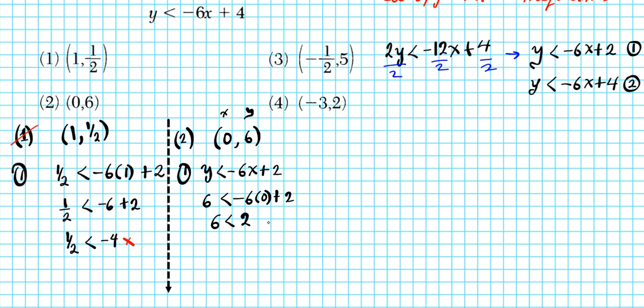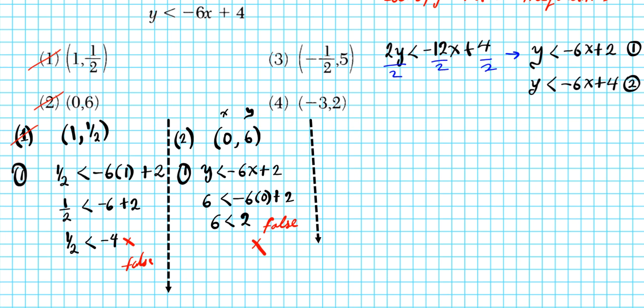That's false. 6 is not less than 2. What we're looking for is the one that generates a true statement. So option 2 fails the first inequality test. It doesn't generate a true statement.